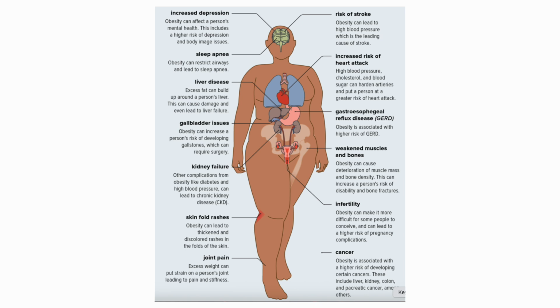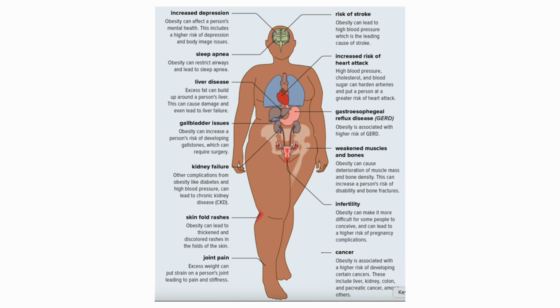If we start from the top left, it can cause depression and affect mental health, because it plays at the centers in the brain that are related to the pleasure centers, the dopamine centers. Then we have sleep apnea, which relates to the fact that your central system is also restricted, as well as the mechanics of the lung being affected.